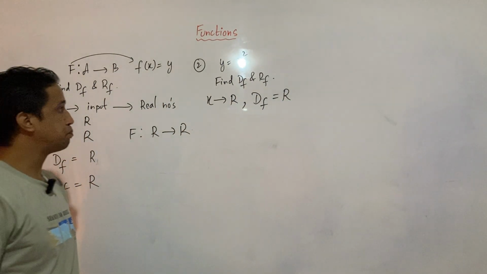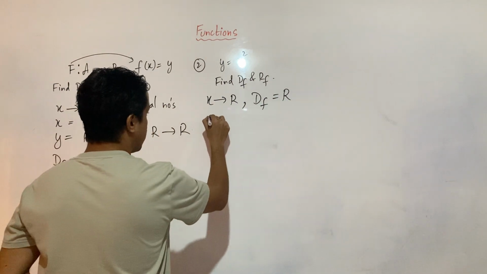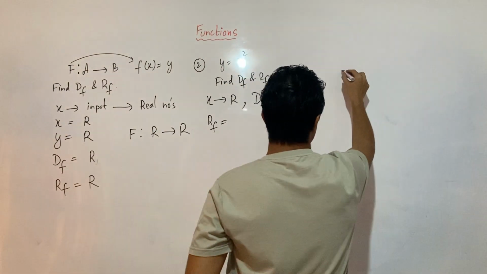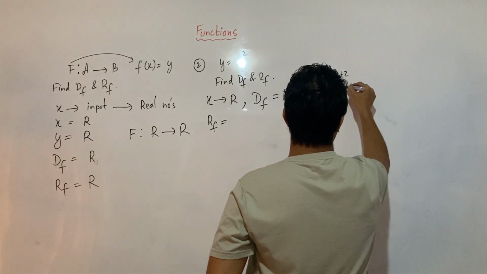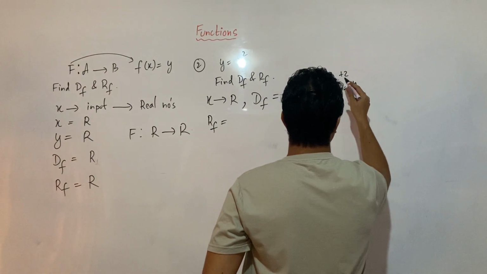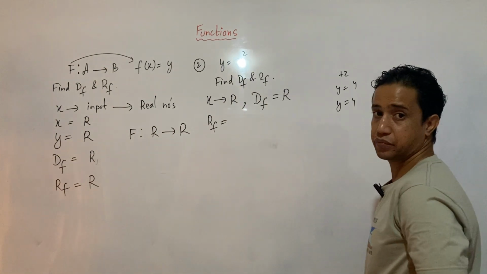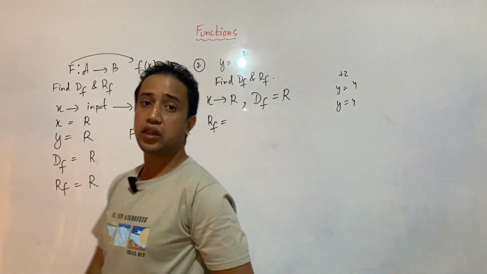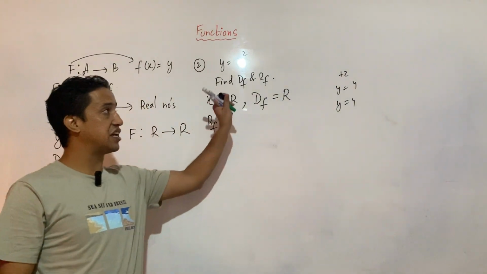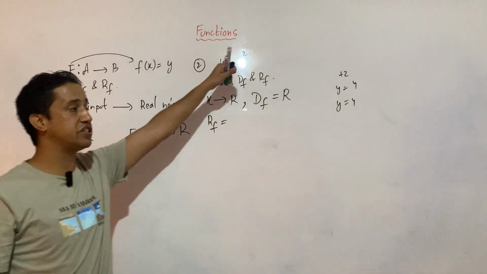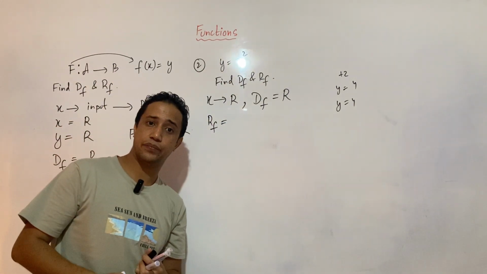But think about the range. Now if I put x as plus 2, y is going to be 4. And if I put minus 2, then y is also going to be 4, right? So for all the negative real numbers that you put here, you will get positive values, and for 0 you will get 0.